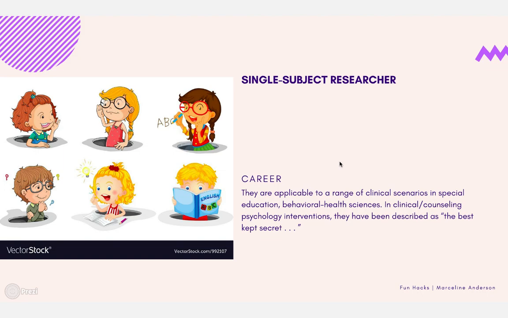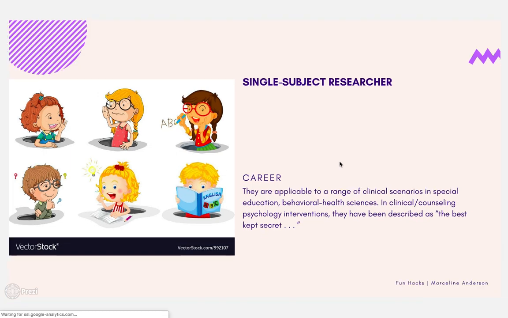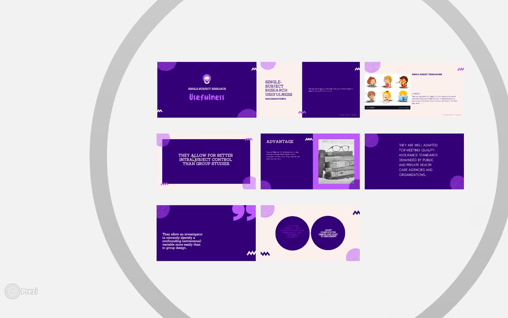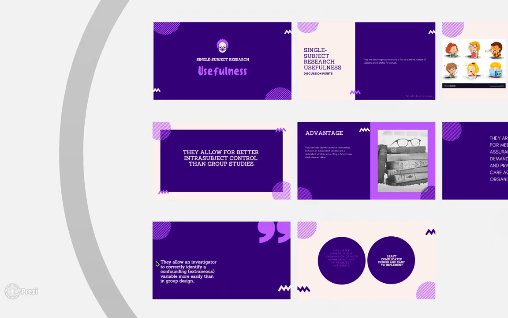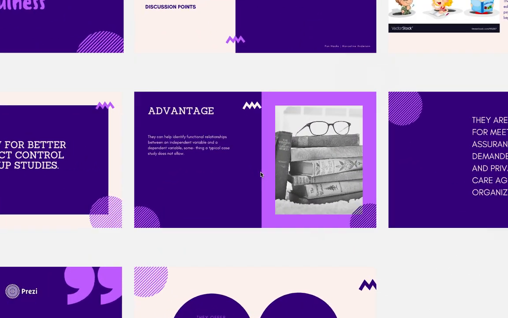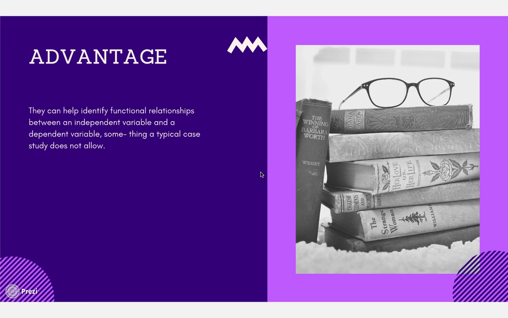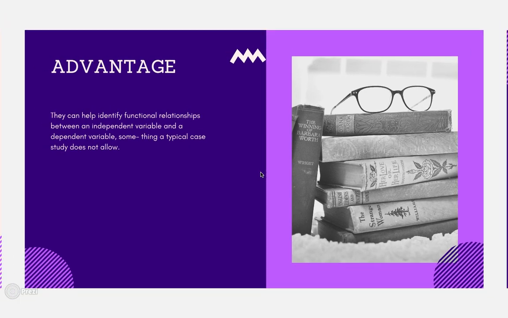They have been described as the best kept secret. They allow for better inter-subject control than group studies. An advantage is they can help identify functional relationships between an independent variable and a dependent variable, something a typical case study does not allow.